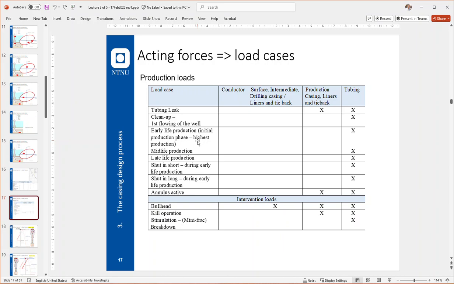Kill operations, those could be theoretically above frac, but they are governed again in governing documentation. Your company will tell you what figure to use for the different strings.